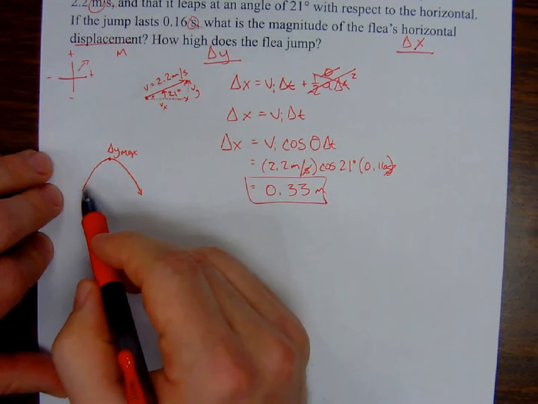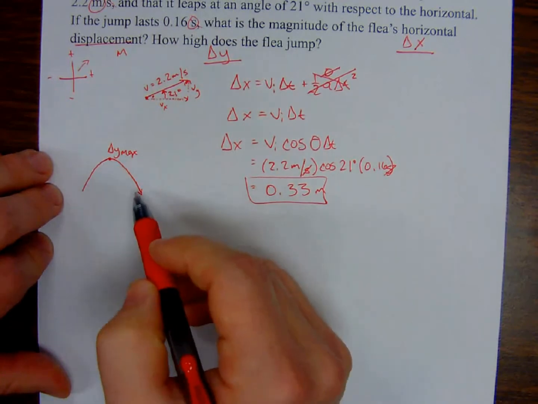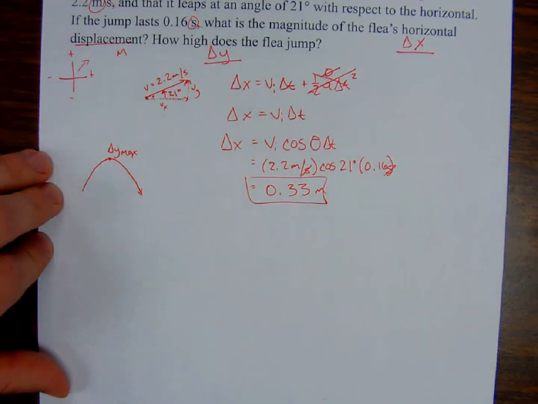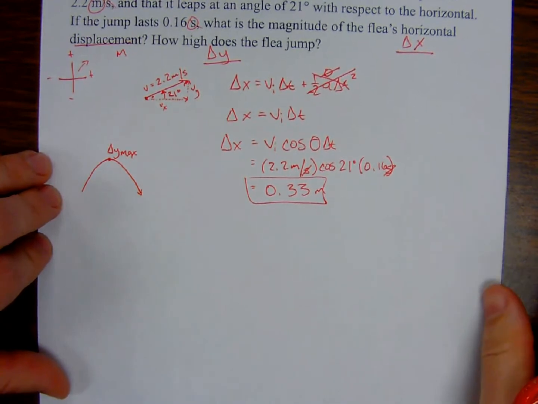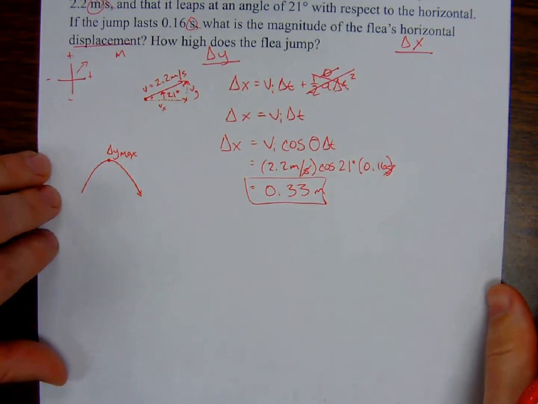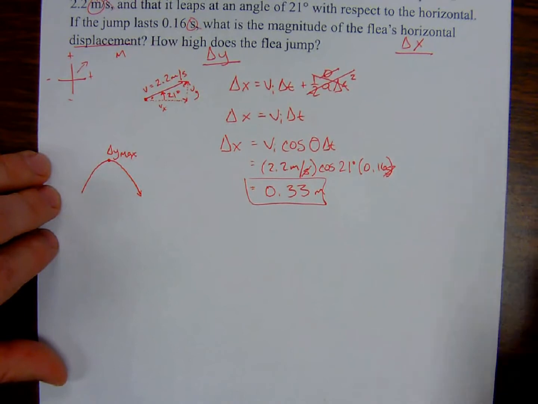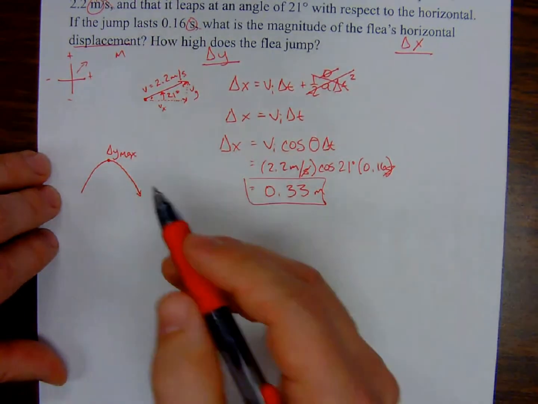With that, we know that this highest point is delta y, right? Because this is a y direction. This delta y max is going to be at a point of time that is 1/2 the total time. This is going to be a definition that you're going to use a lot, so I'll write it down here.